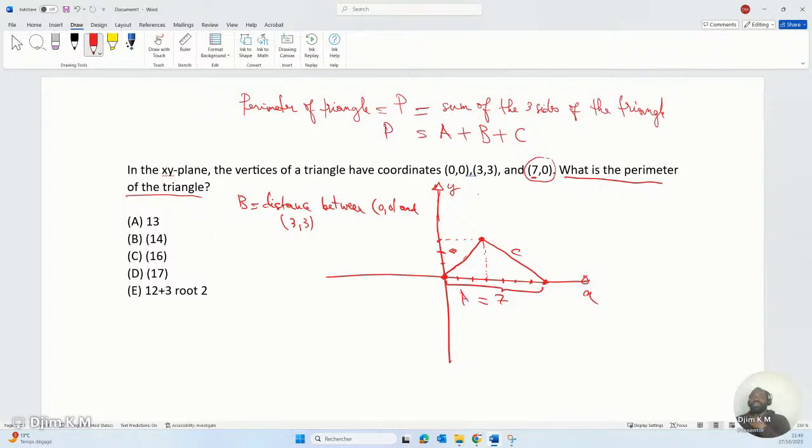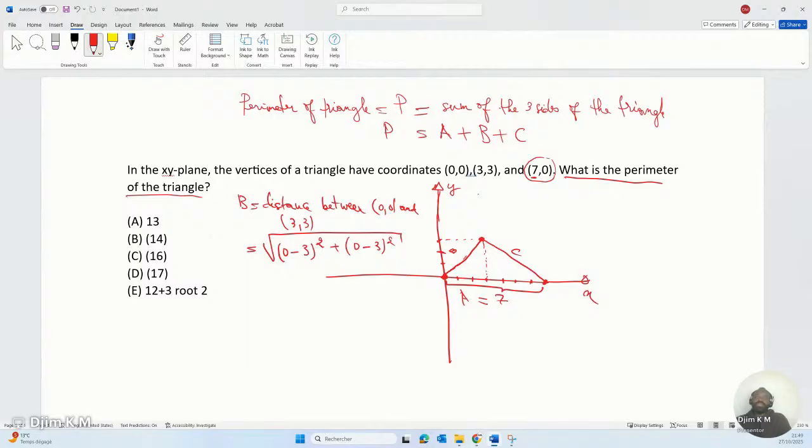And we need to find B about here. According to the rule, the distance between the coordinate 0, 0 and 3, 3 is equal to the square root of (0 minus 3) squared plus (0 minus 3) squared.